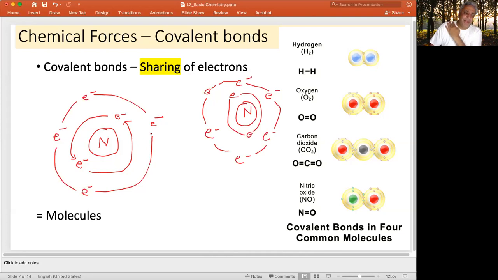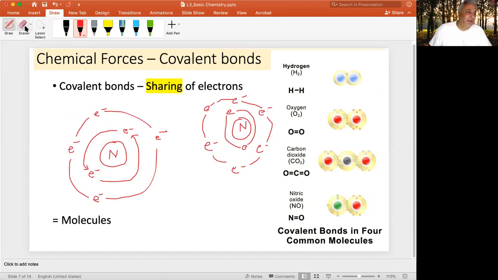So what will happen is that the 2 electrons from the oxygen will be shared in such a place that they can pretend to belong to both. So these 2 electrons here, let me delete that, erase it. So let's put these electrons closer, and then we'll move these to the side.